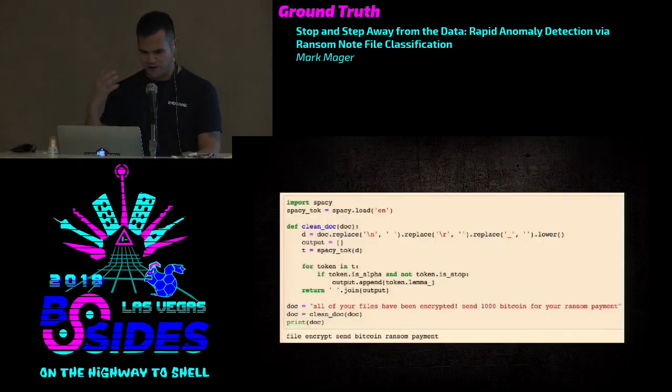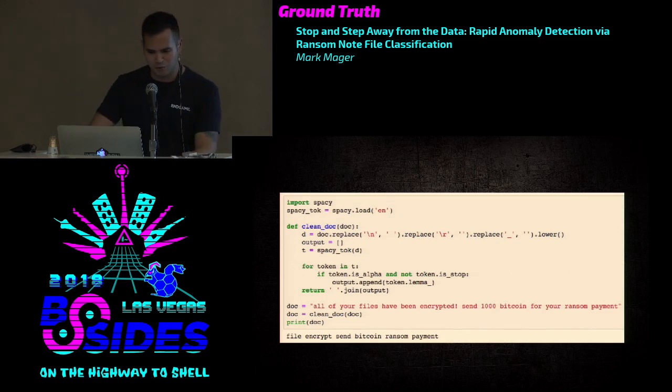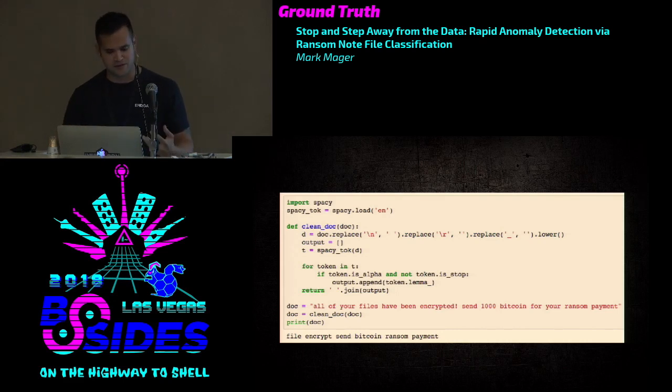So with this very simple sample here, we have a string that we constructed that describes a very basic ransom note, and then we run it through our cleaning routine in order to clean everything out. And what we end up with is a pretty simple string in the end: file, encrypt, send, Bitcoin, ransom, payment. And you can see how that definitely ties very closely with what you would think a ransom note is going to portray.